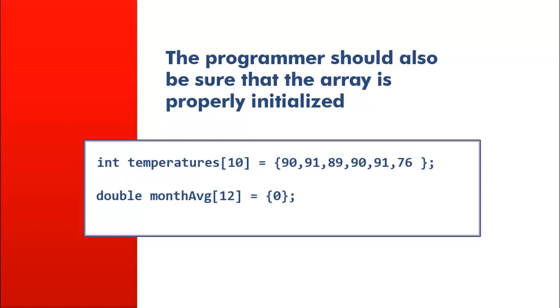In the case of temperatures above, I have specified most of the temperatures. The remaining values will get set to 0. So at subscript 0 we get 90, subscript 1 we get 91, and so on across there until it runs out of values, and then it will fill the other values with 0.